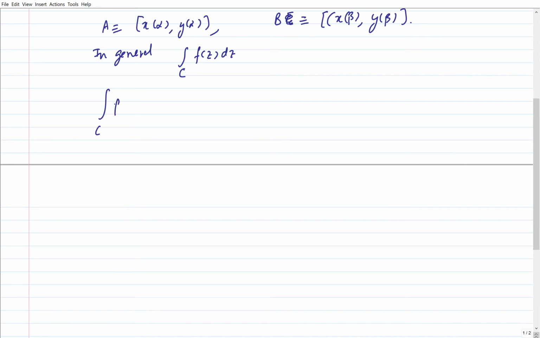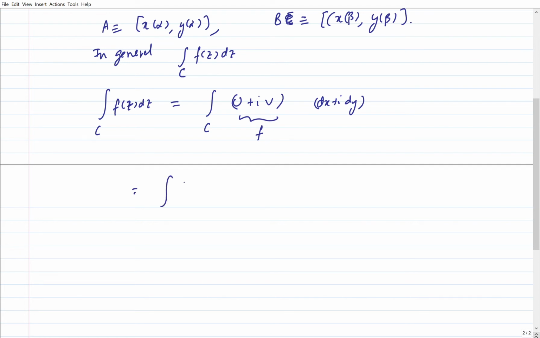So I have the integral of f(z) dz over the contour or over the path C. That is nothing but dz becomes dx plus iota dy, and similarly I have u plus iota v. That was my f over here. So what do I have?